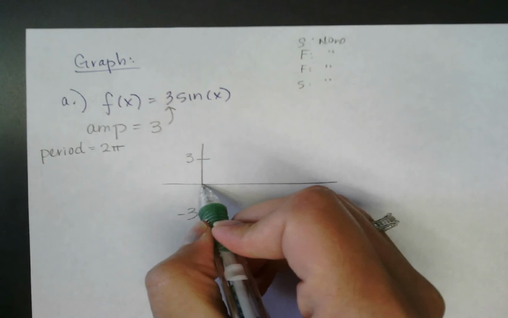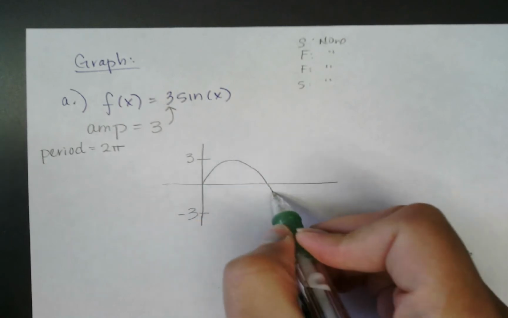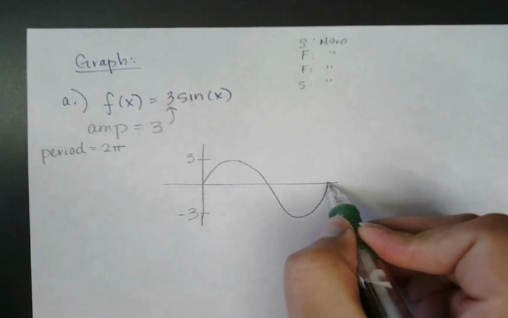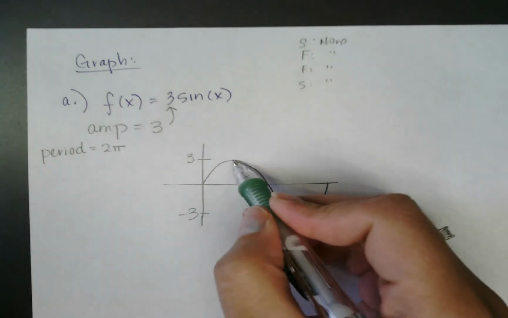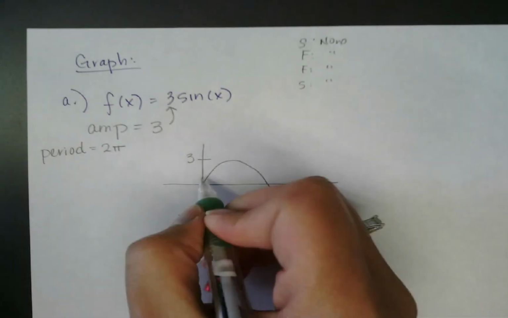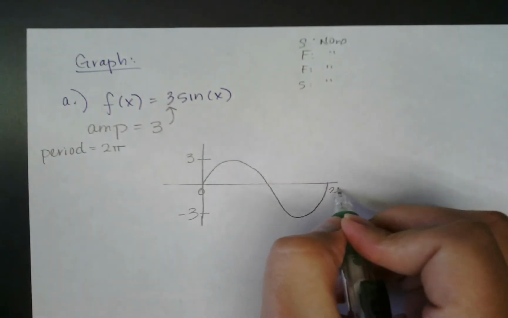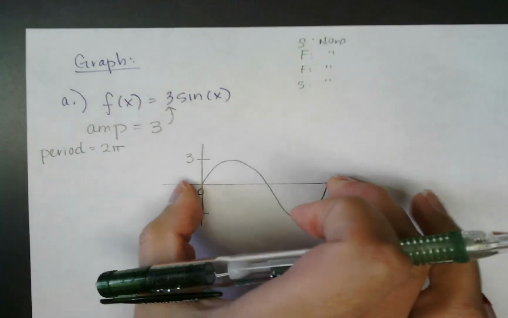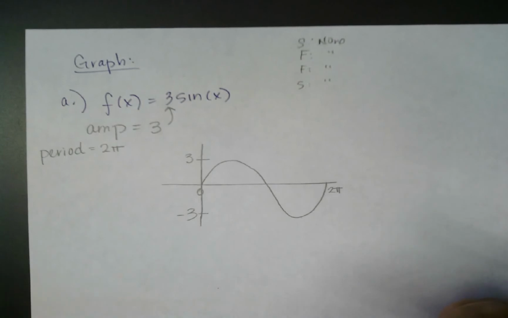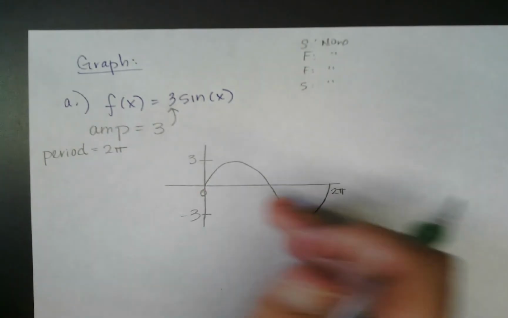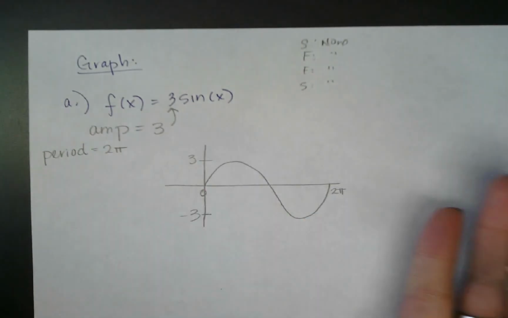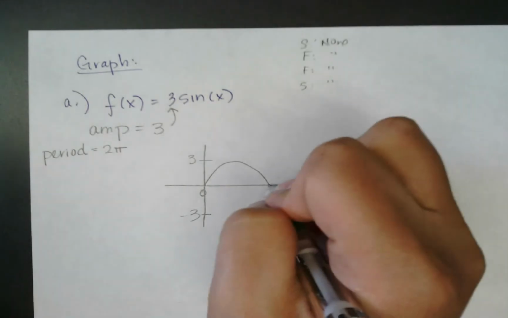So I literally just draw in the sine function. It's that curve, with the highest point 3 and the lowest point negative 3. It always starts at 0, 0, and your period is 2 pi. That's one cycle, and that's all we're drawing. Then you put in the rest of the points. Your period did not change, so the rest of the points are as they go.